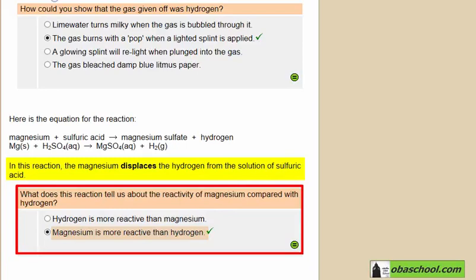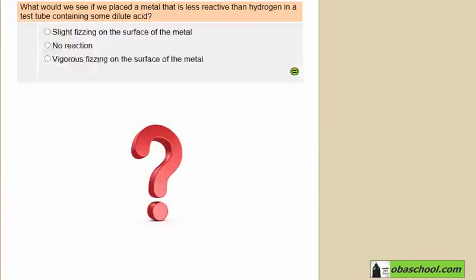What would we see if we placed a metal that's less reactive than hydrogen in a test tube containing some dilute acid? Keep in mind that a less reactive metal than hydrogen won't react with it. Excellent! No reaction will take place if we place a metal that's less reactive than hydrogen in a test tube containing some dilute acid.